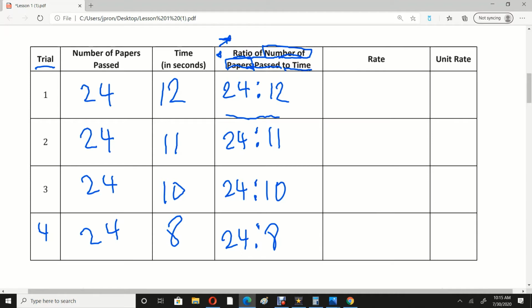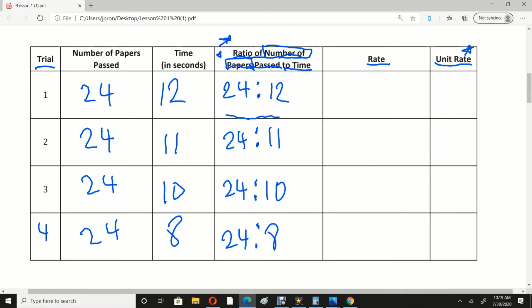All right, so next we're going to move on to our rate and unit rate, and hopefully I will make clear the distinction between these two throughout the lesson, right? So I actually want to start by finding the unit rate, because once we find the unit rate, the rate is essentially just a description of the unit rate.